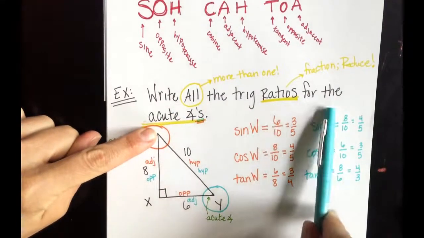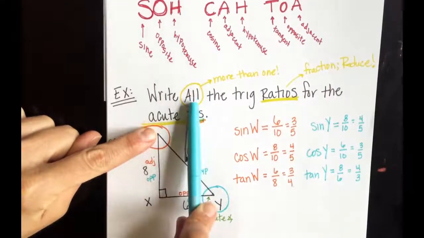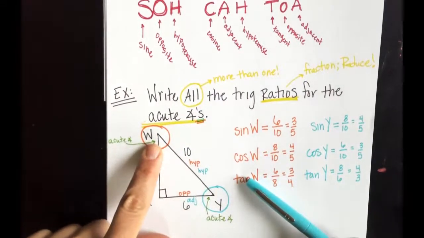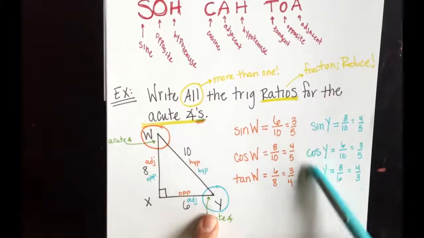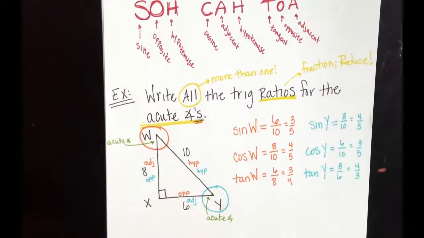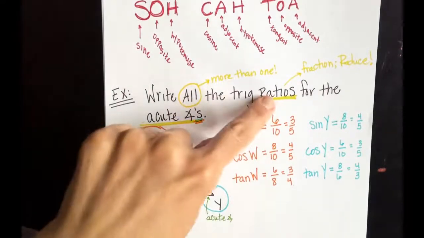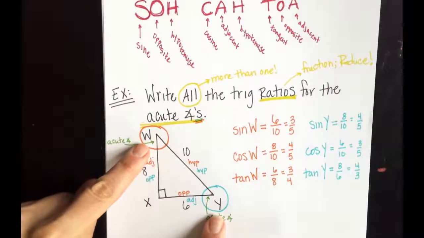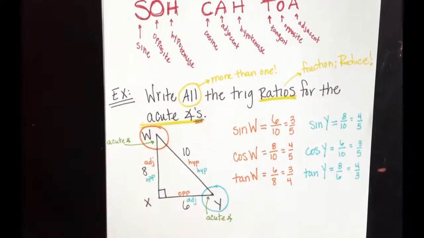Because this question says all, I did all 3 from angle W, and then I'm doing all 3 from angle Y. So I want to make sure that I'm doing all the trig ratios of the acute angles, and because there's 2 of them, I picked 2 of them. I'm not solving for anything at this point.